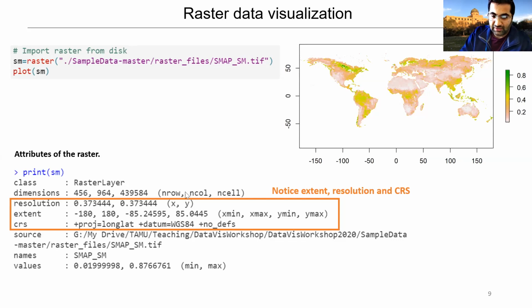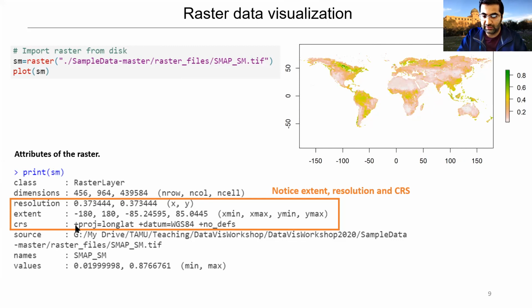And if you print the attributes, this is where the real geospatial part comes into play. In this raster, which is SM, soil moisture, we see that we have the resolution, which is around 37 kilometers. We have the extent, which is the global extent that we see over here in the map as well. And we have the CRS. The CRS refers to Coordinate Reference System.